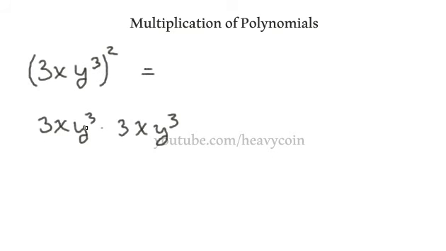Alright, but I guess we'll just work this out right here. If I were to group this stuff, 3 times 3 is 9, and x, so how about I just write this, since you're learning this maybe for the first time, we'll go nice and slow. How's that?